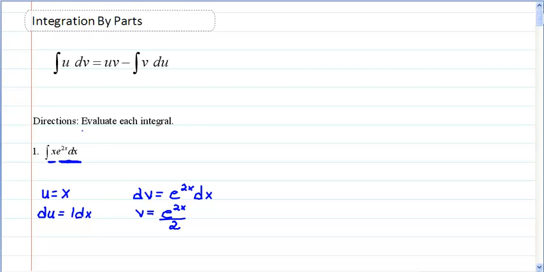So now looking at the integration by parts formula, I've identified u and I've identified dv. So now I look at the right side of the formula and I substitute in u times v minus the integral of v du.